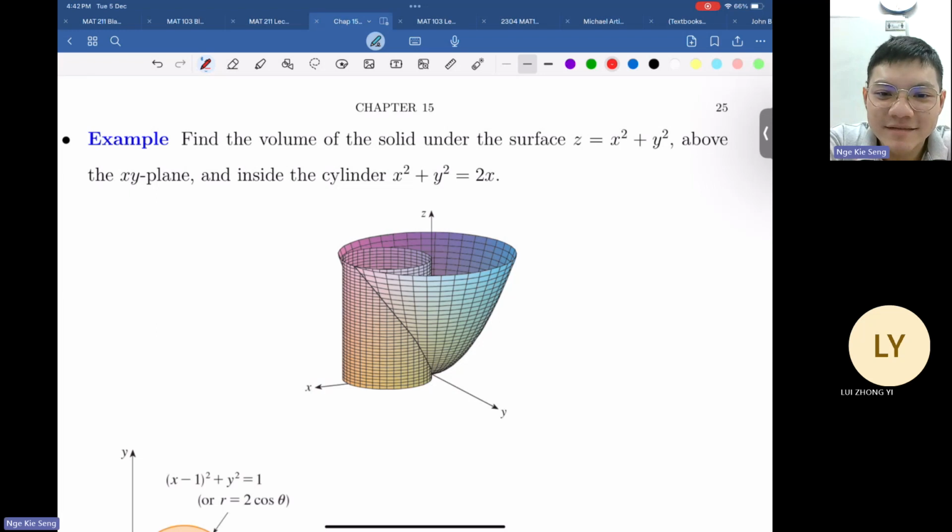Can you find the domain or not? What's your integration domain here? Circle? Yes, circle. That's right. Circle is right.